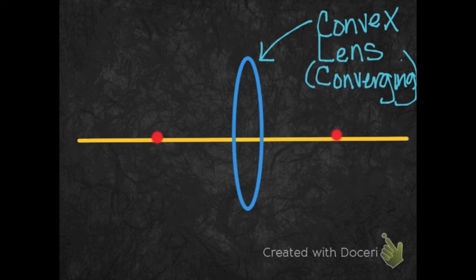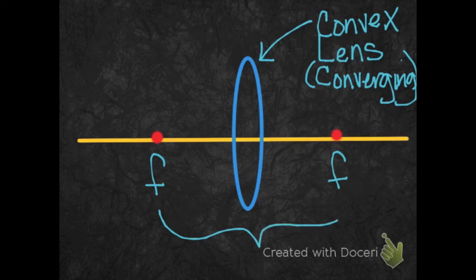These 2 points right here are your foci. Foci is plural for focus. Notice that you have one focus on each side of the lens. These 2 points will always be equal distances from the lens.